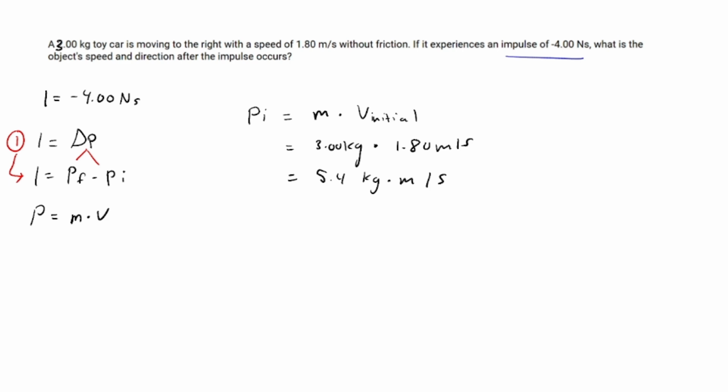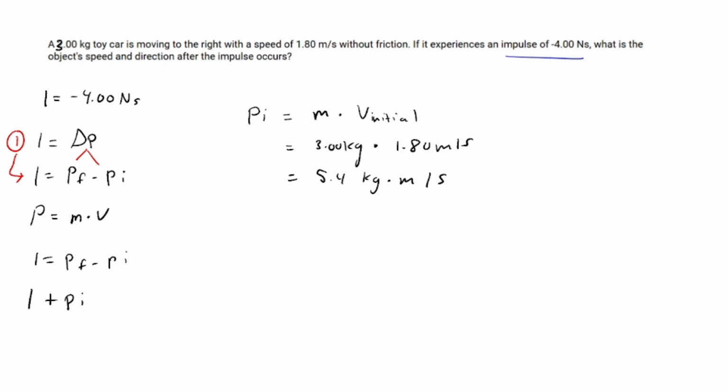Now, what you need to be doing with your initial momentum is plugging it into the equation that we labeled with 1. And since we have our impulse and our initial momentum, we're going to be isolating for our final momentum because we need to see the object's speed and direction after the impulse occurs. So we're going to do some basic algebra here and move our initial momentum to the other side.